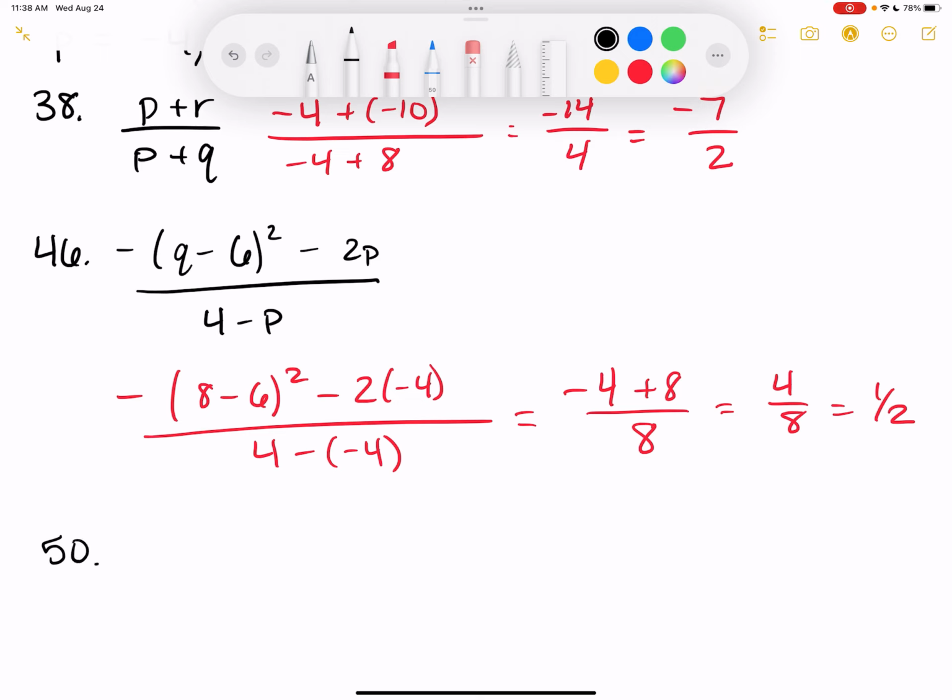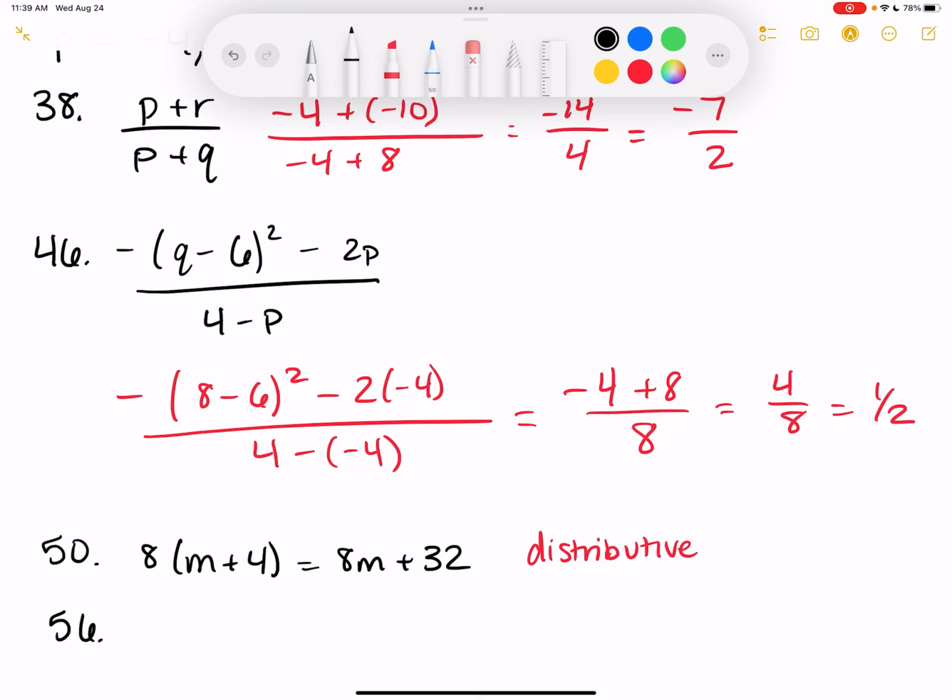All right. 50. These ones say to identify the property illustrated in each statement. Assume all variables represented are real numbers. So you're just telling me which property it is. So 8 times m plus 4 equals 8m plus 32. What property is that? Distributive. I was still thinking we had to plug in the numbers.